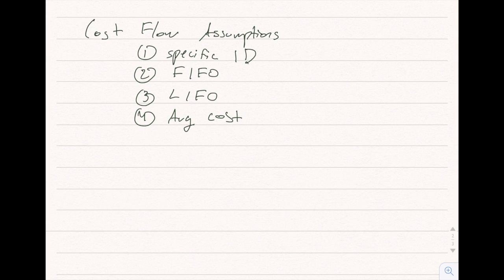For specific identification, that is sort of the ideal. Again, in a big business that's probably not happening. But with a smaller business where they can simply keep track of the actual cost of each individual piece of inventory that was sold, specific identification works.